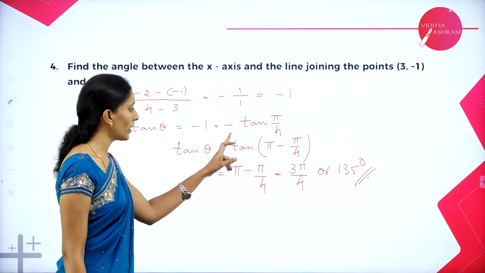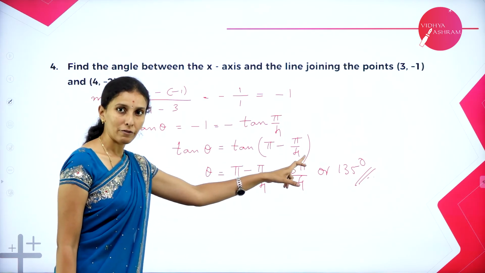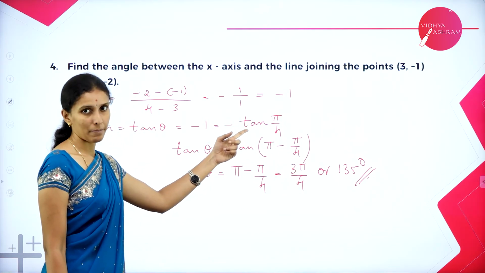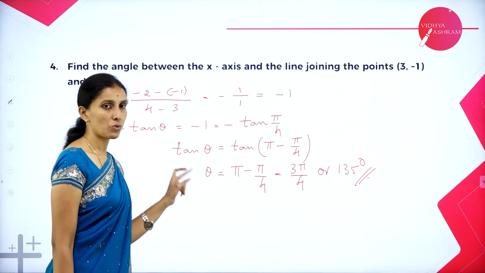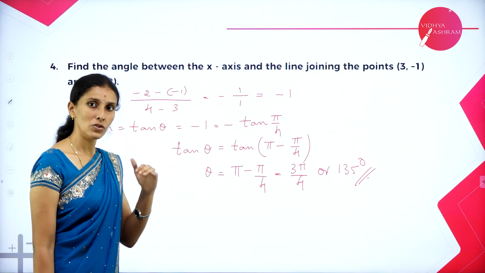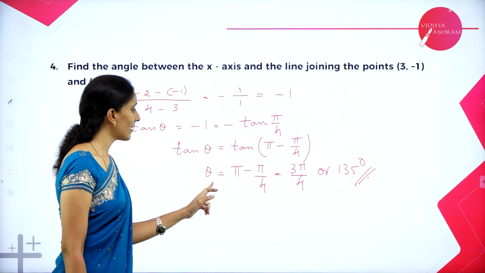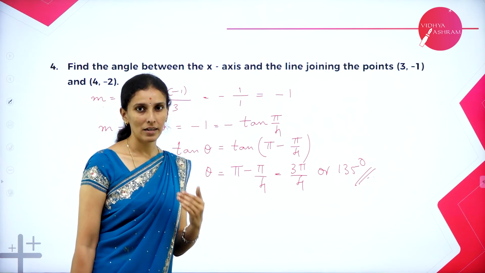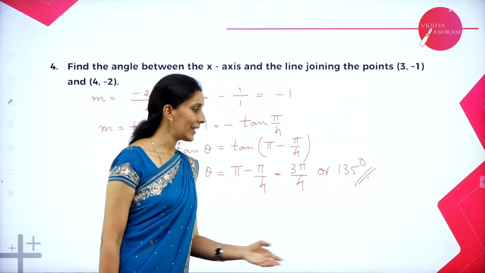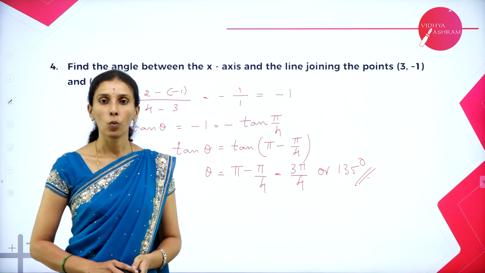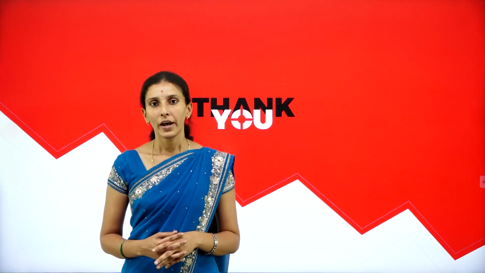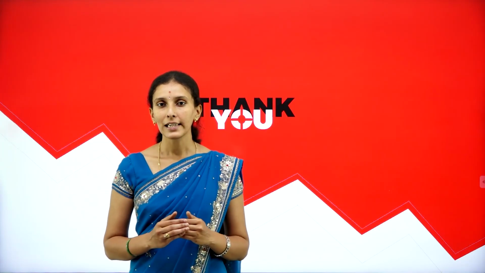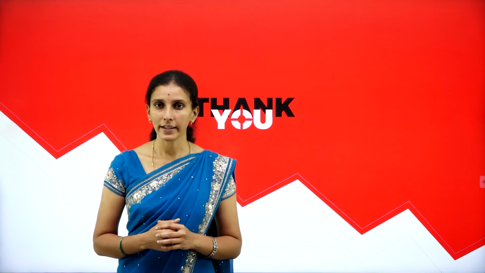So I'll replace it with tan of (pi minus pi by 4), which is the same as minus tan pi by 4. On both sides, we have the tan function common, so we can remove it. We take theta equal to pi minus pi by 4. On solving, we get 3 pi by 4, or in terms of degrees, the value of theta is 135 degrees. I hope you have learned how to calculate the slope whenever the inclination as well as the points from where the line is passing are given.